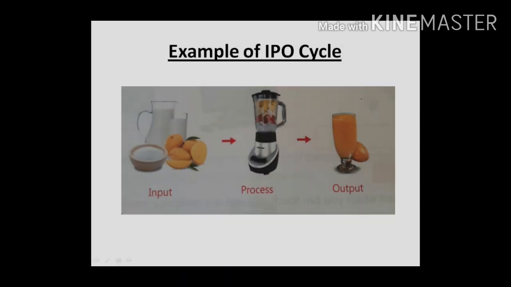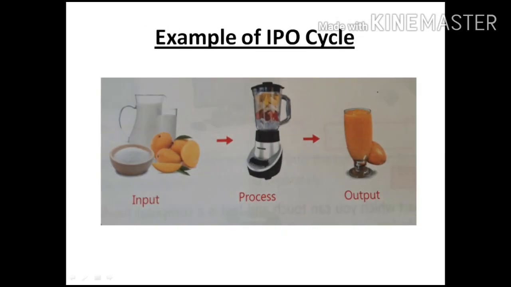Now I will show you a simple example of input process output cycle or IPO cycle. Children, if we want a mango shake, what all things we need? Milk, sugar, mango. So let us consider milk, sugar, mango as our input. Now we want to process it.